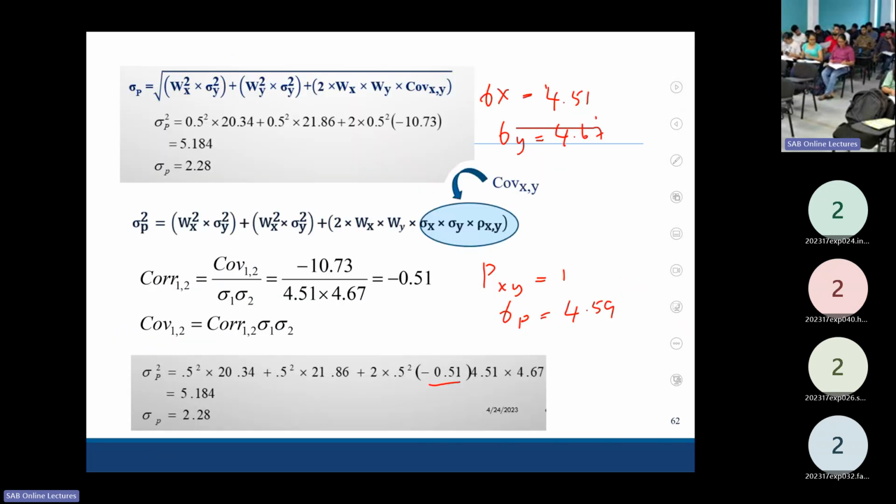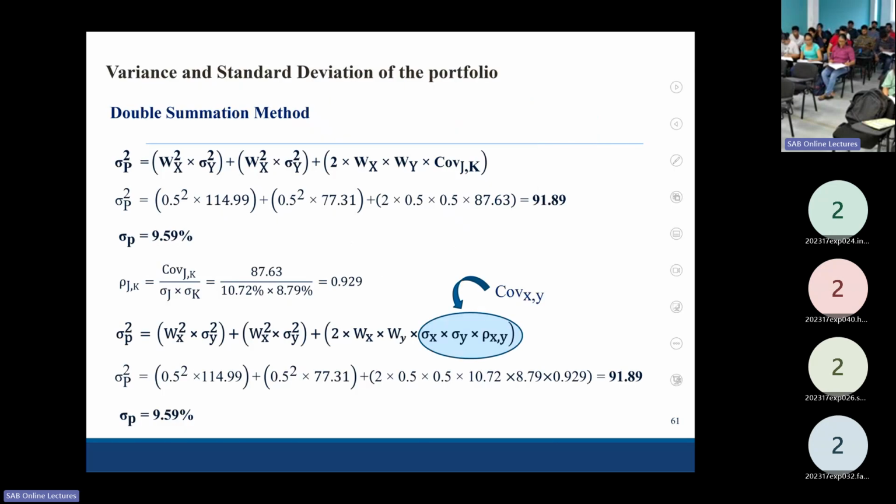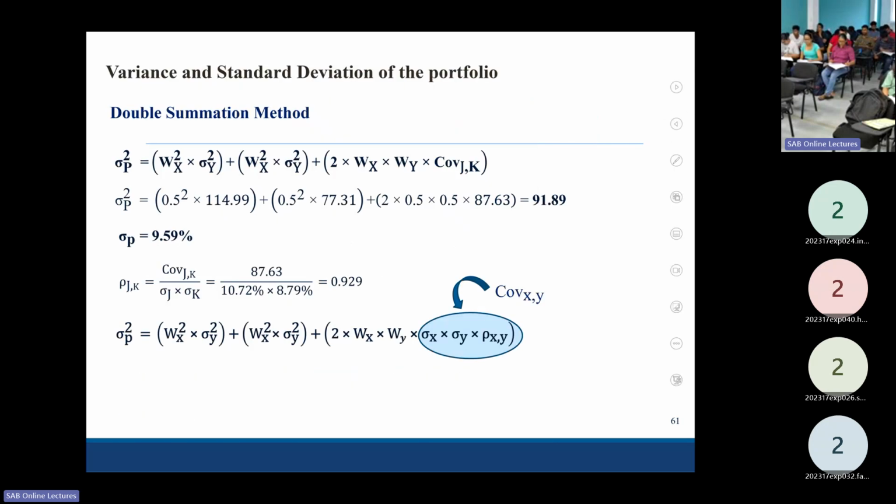Weighted average standard deviation of the individual stocks means 50% of 4.51 and 50% of 4.67. Here you get 4.59. You will get the same answer, 4.59. So what is the point?